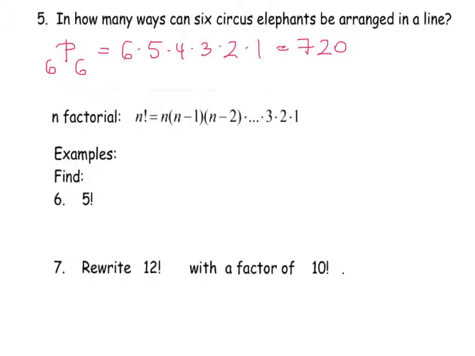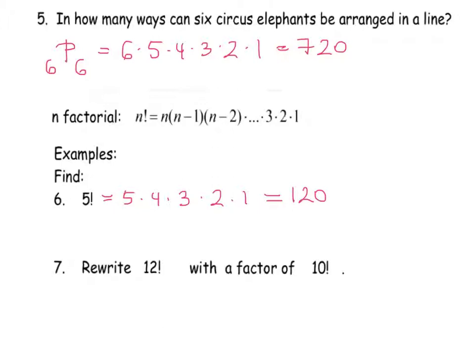Basically, n factorial is the same as the permutation of n objects, n taken at a time. For example, 5 factorial expands to 5 times 4 times 3 times 2 times 1, and the final answer is 120.